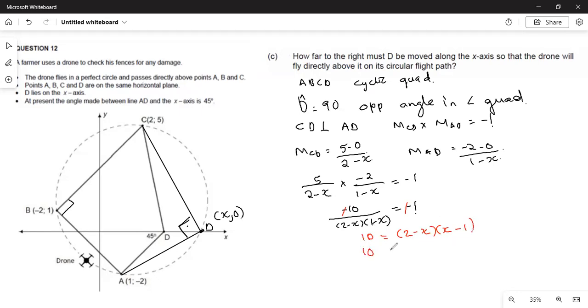If we multiply out that side using the FOIL method, we'll get x squared minus 3x plus 2. Then we can take the 10 to the other side. We'll be left with x squared minus 3x minus 8 equals 0.